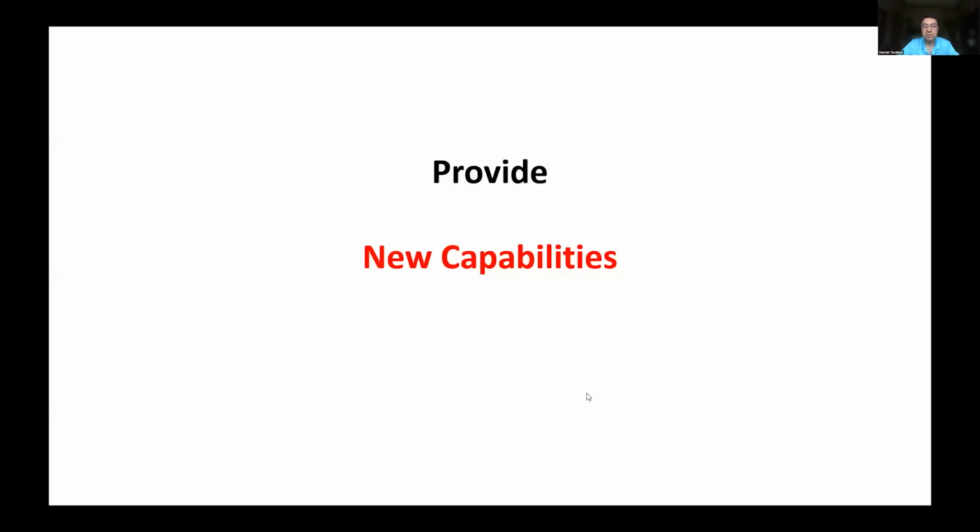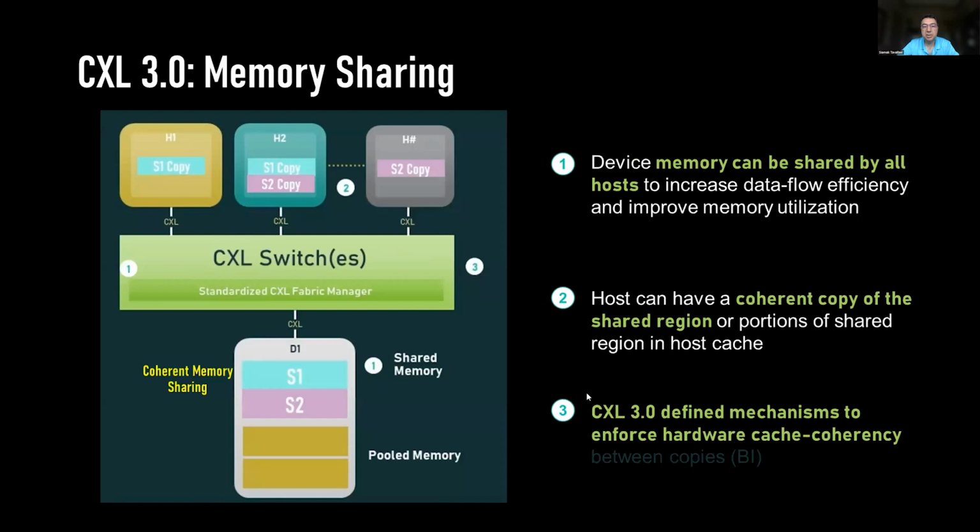Now, of course, we have new capabilities. Yesterday we talked about it, and this one summarizes it. CXL 3.0 enhances the support for memory pooling by adding the memory sharing concept. A memory region within a memory device can be allocated and mapped to different hosts.